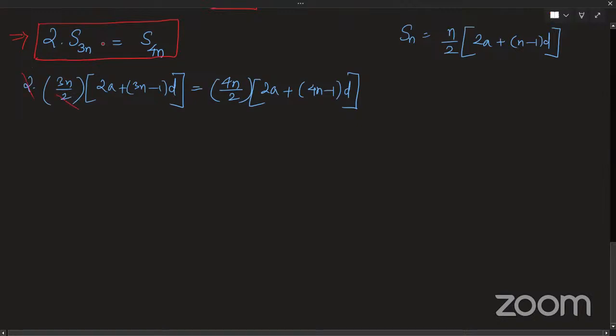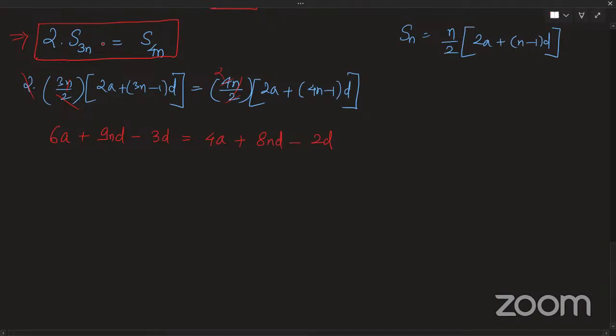So the 2 got cancelled. I will just open this bracket over here. So it is 6a plus 9nd minus 3d is equal to, so this thing is 2 basically, 4a plus 8d minus 2d, right?